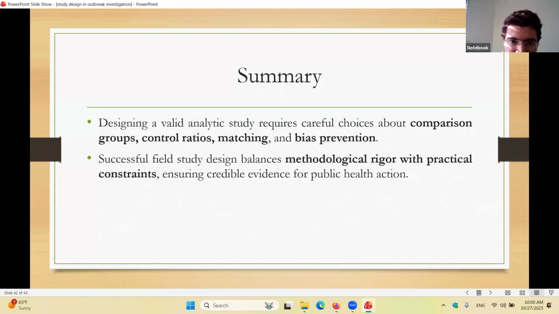Designing a valid analytic study requires careful choices about comparison groups, control ratios, matching, and bias prevention. Successful field study design balances methodological rigor with practical constraints, ensuring credible evidence for public health action.